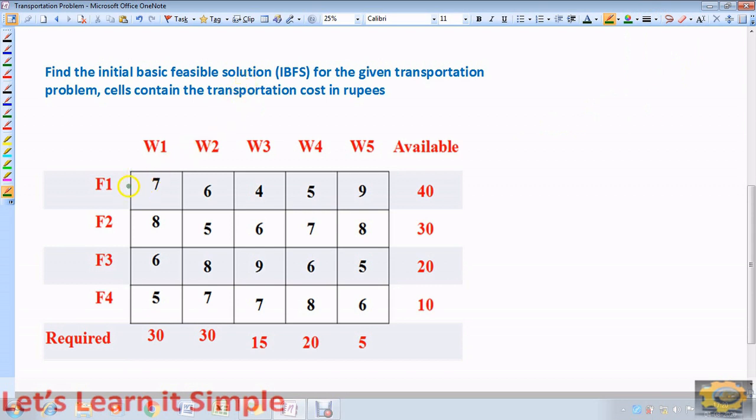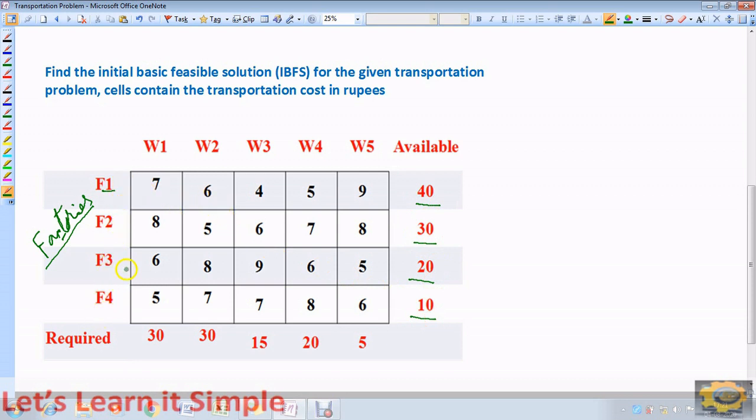Now this is the structure of the transportation problem. You have factories. Let us take F1, F2, F3 and so on as factories. There are 4 such factories with a production of 40, 30, 20 and 10 units respectively.